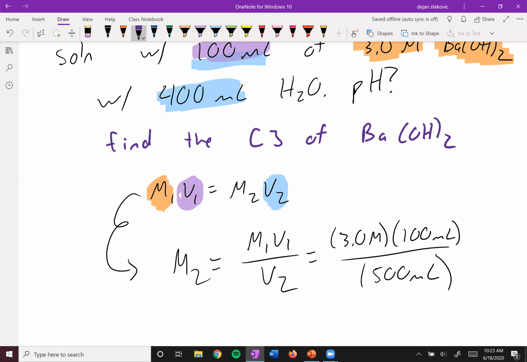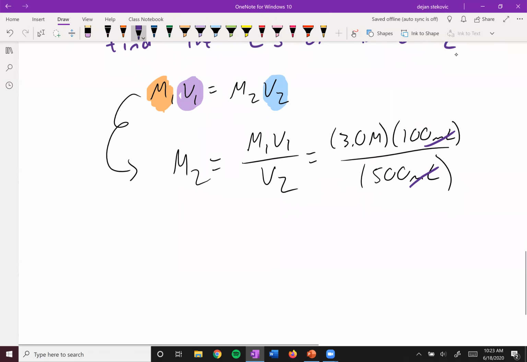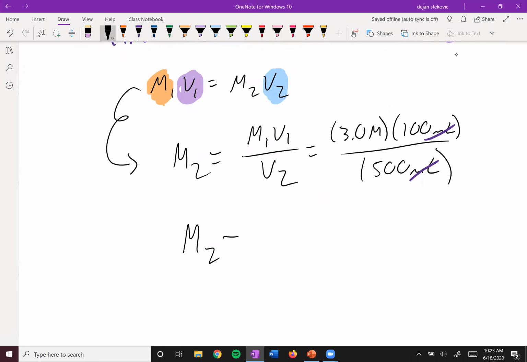It doesn't matter because the mLs cancel out, so you get the same thing whether you put liters or milliliters. And then simply do the math here. You get 0.6 molar of barium hydroxide.